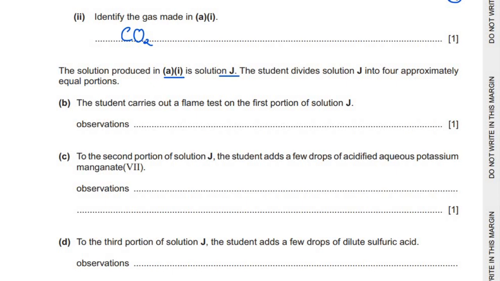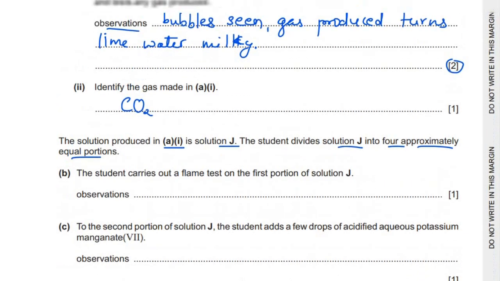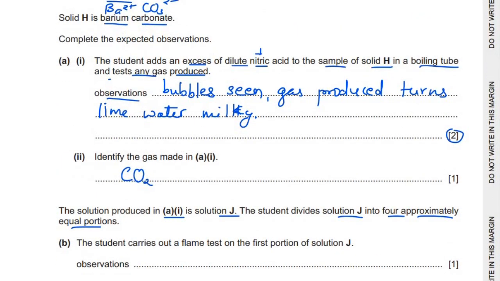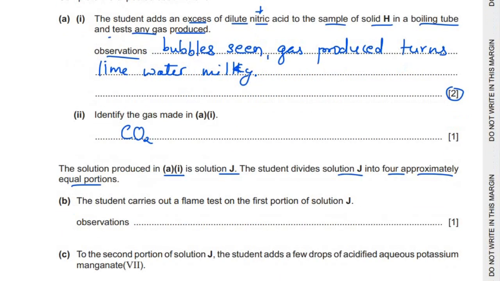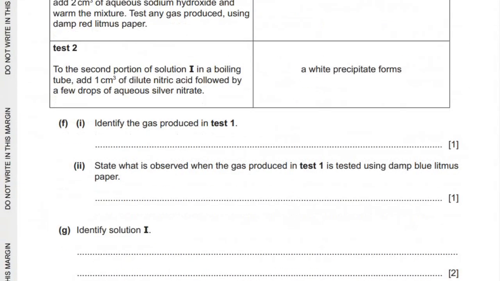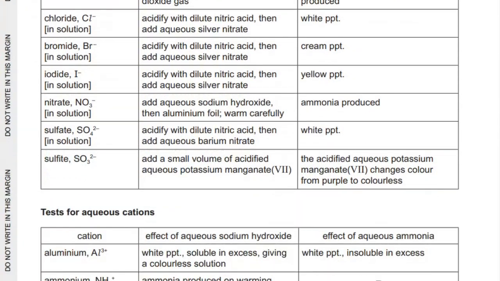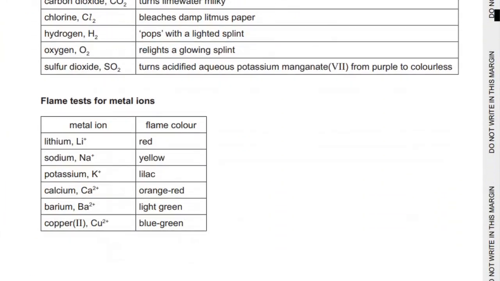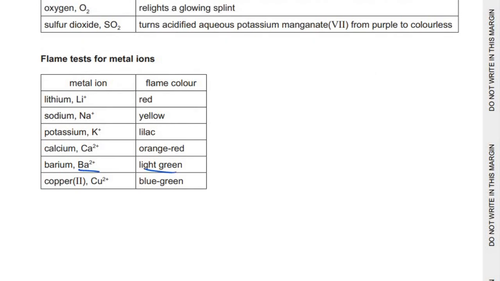The student divides the solution J into 4 approximately equal portions. We need to understand what we have added to the barium carbonate: we have added nitric acid. So solution J should be barium nitrate, where carbon dioxide is evolved. So we have Ba²⁺ and NO₃⁻ in solution J. The student carries out a flame test on the first portion of solution J. Barium is going to give the flame test color, and the color of barium's flame should be light green.